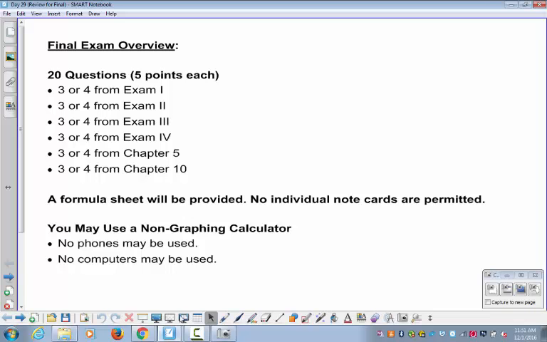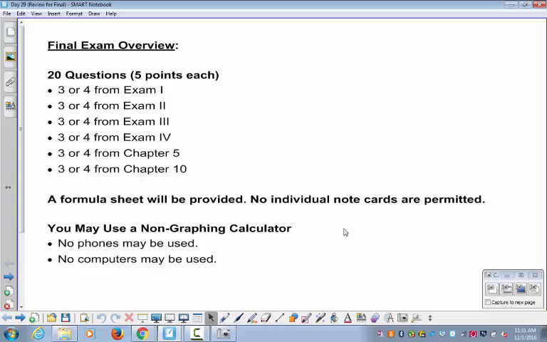Okay, let's talk about what's on the exam first. So we had 4 exams. So those 4 exams, I'll just copy and paste right off those 4 exams and then change the numbers. So the wording will be identical, the question will be identical. I'm just going to change the numbers or the functions. So from each of the first 4 exams, there'll be 3 or 4 from each.